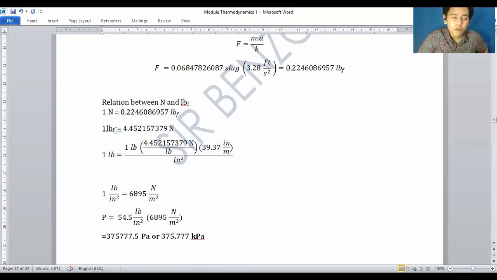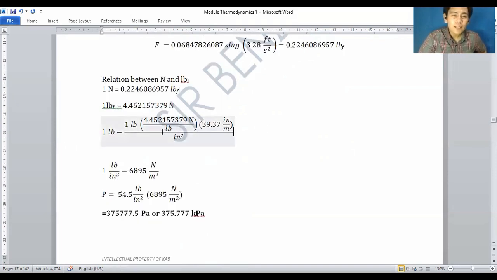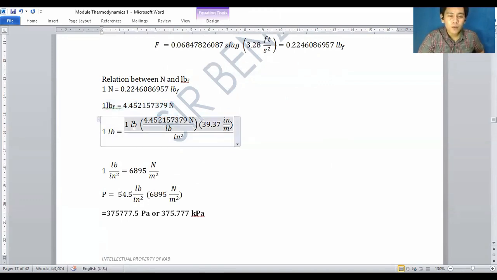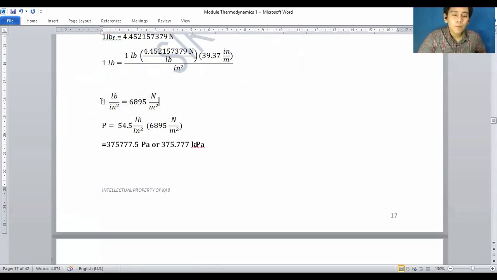So to get 1 pound force, we divide 1 over 0.22460866957 and we yield 4.452157379 newton. Next, 1 pound is times 4.452157379 newton per pound times 39.37 inches per meter over inch squared. And then the conversion would be 1 pound per square inch, or 1 psi, is equivalent to 6895 newton per square meter, or pascal.